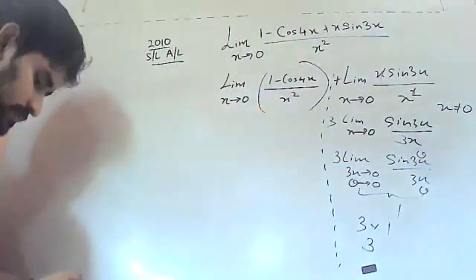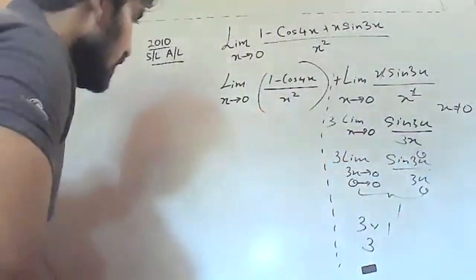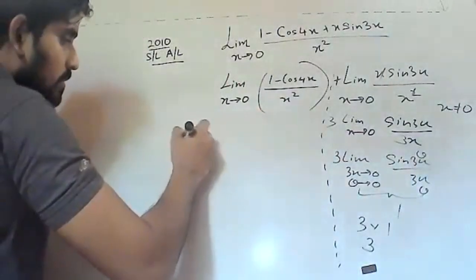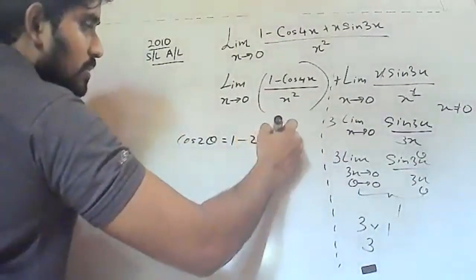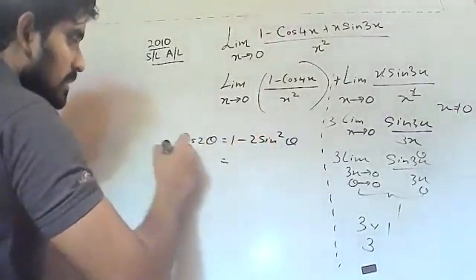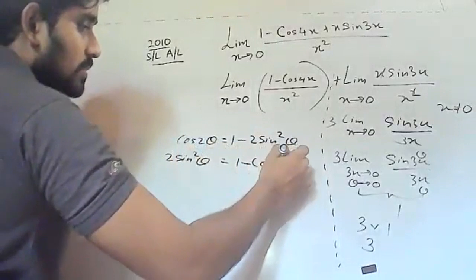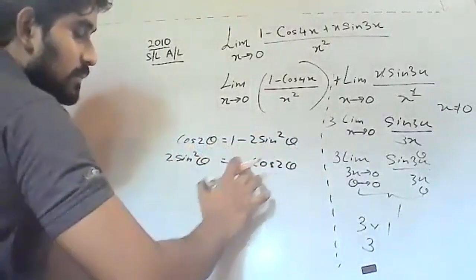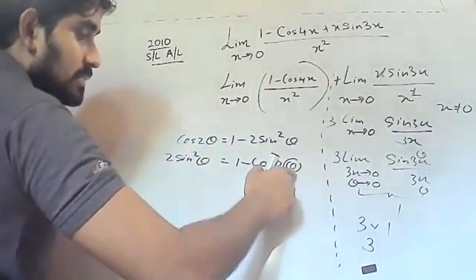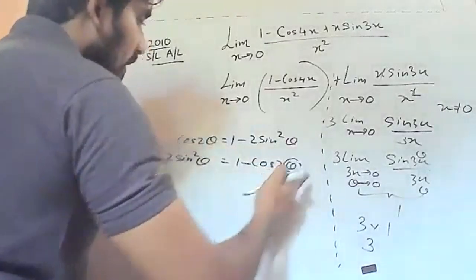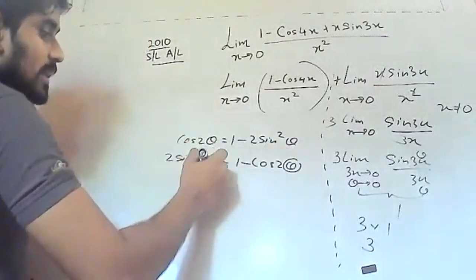Now focus on this part. Now you need some trigonometric knowledge. You know that cos 2 theta equals 1 minus 2 sin squared theta. So 2 sin squared theta equals 1 minus cos 2 theta. If you consider cos of twice the angle, that part is theta, so here it would be sin squared of that theta.